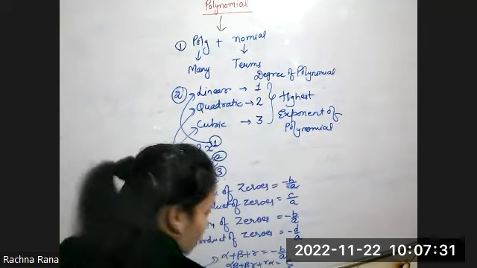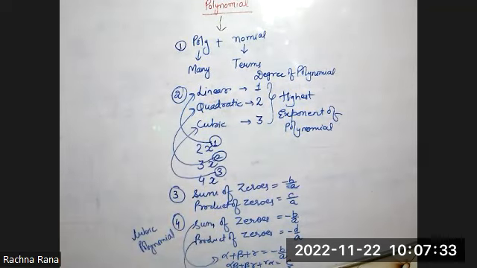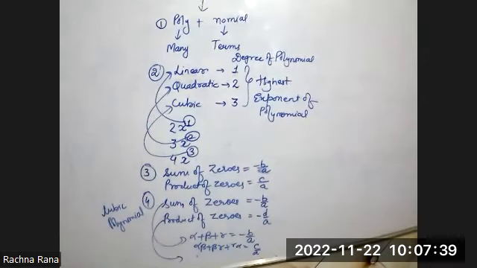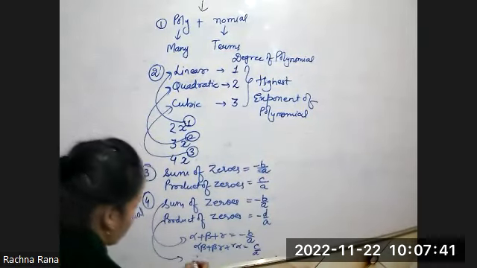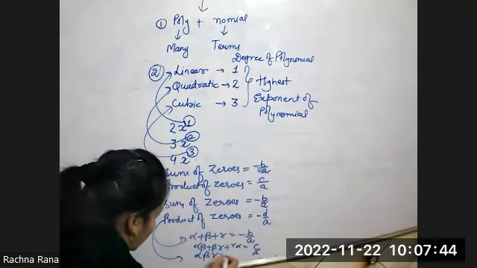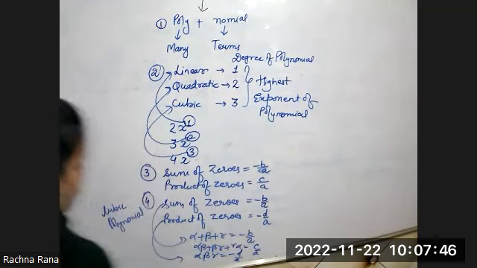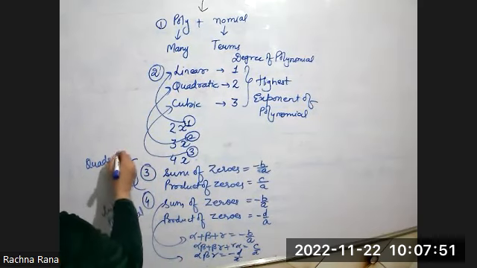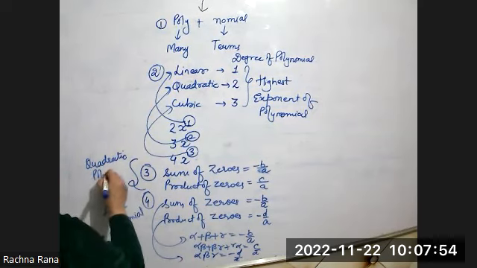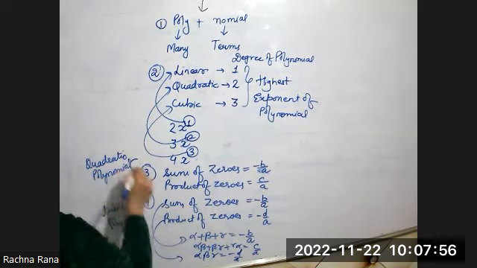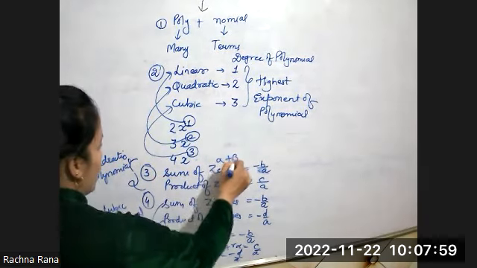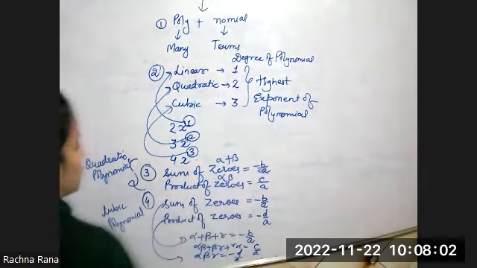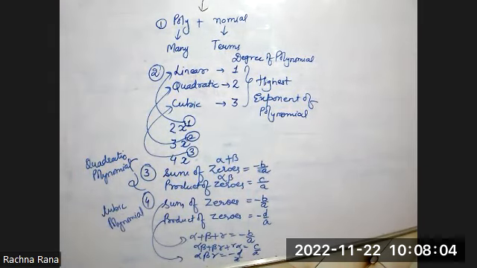And in the product of zeros, we take alpha beta gamma, that is equal to minus d over a. And this case is discussed in the quadratic polynomial. In this case, sum of zeros means alpha plus beta, product of zeros means alpha beta. Thank you.